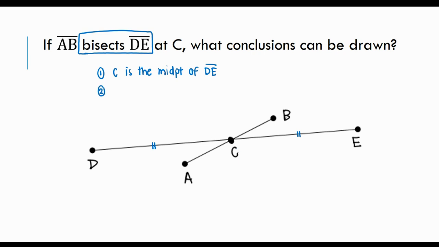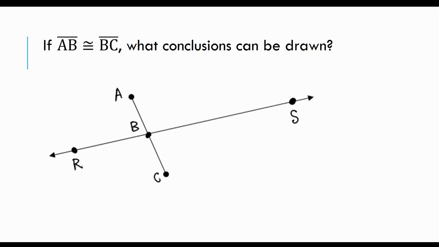Bisect means to divide into two equal pieces, and I already marked it in my picture, so I know that the segment DC is congruent to the segment CE. But there's nothing else I can determine about the segment AB. I don't know anything about it having congruent pieces. So these are two good conclusions based off the information given.